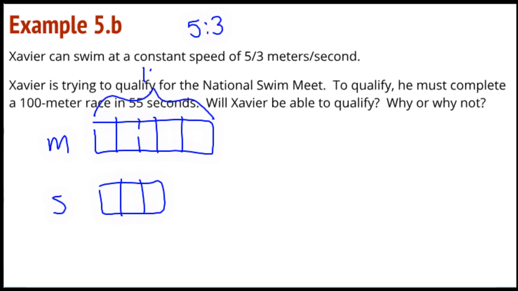So he's trying to swim 100 meters. And I see that the 100 meters is divided into 5 parts, 100 divided by 5. So each of these is 20. And because I have a ratio, I know that each of these are 20. And I see that it's going to take Xavier 60 seconds to swim the 100-meter race.